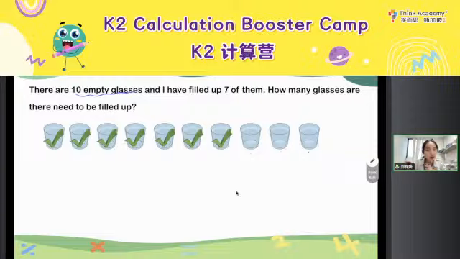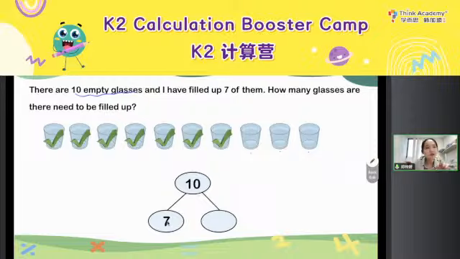Which also means for 10, if I split the 10 into a part of 7, what is going to be the remaining part in here? We have 3 empty glasses to be filled up, which also means 10 can be split into 7 and 3.